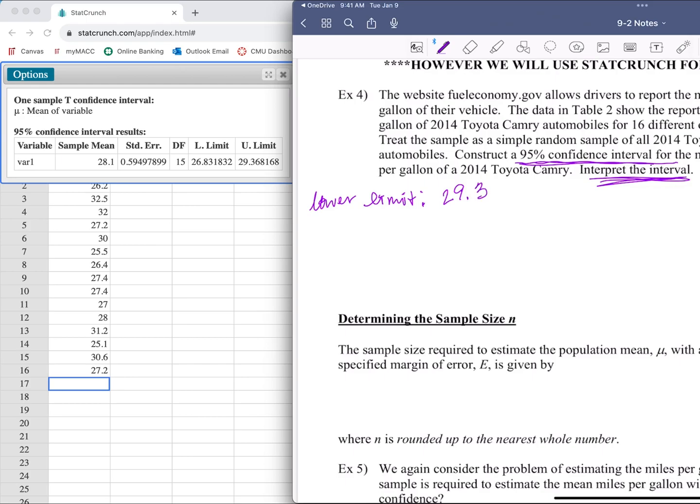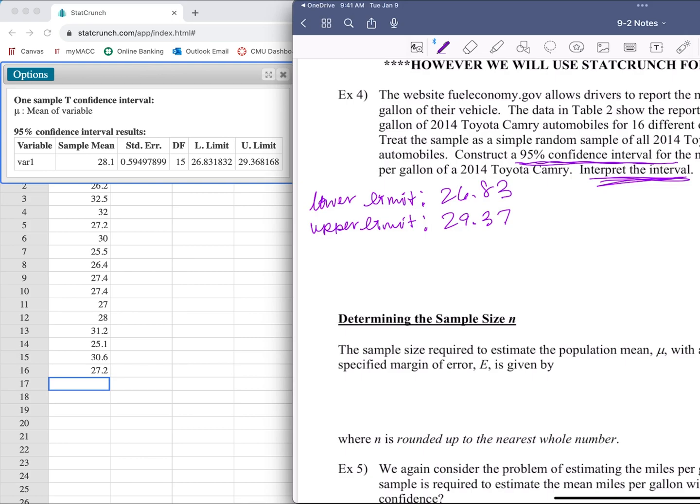Let's go to those 2 decimal places just because it makes it nice. And upper is 29.37. I got it stuck in my head. Apparently, I don't know what's wrong with me. And we know that our mean is 28.1.